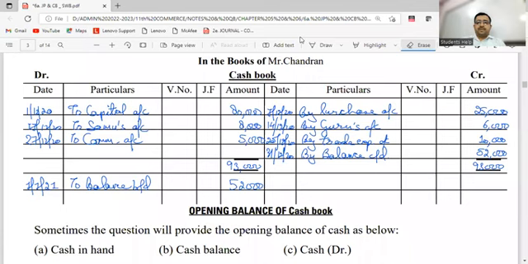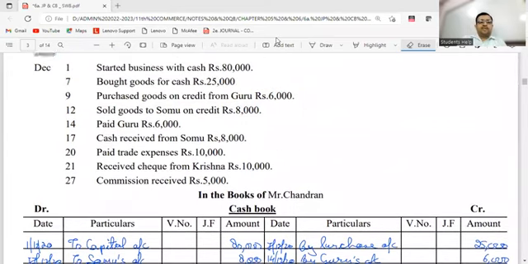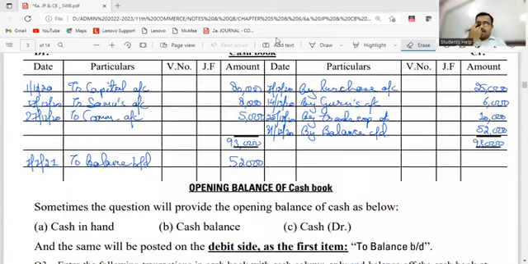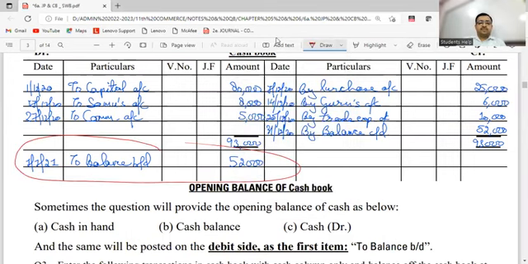Yes, sir. So children, the first transaction here was started business with cash, so we wrote 2 capital. Now next month, I repeat, next month, will we be putting 2 capital again at the very beginning? No, no, no. Next month, we'll start with the item known as opening balance.